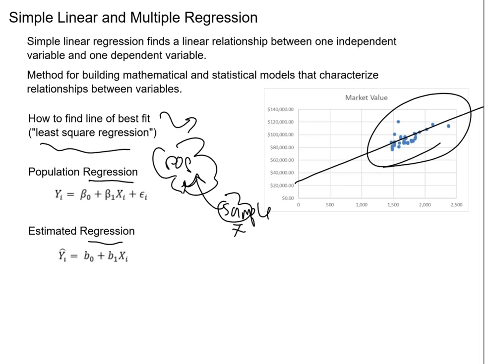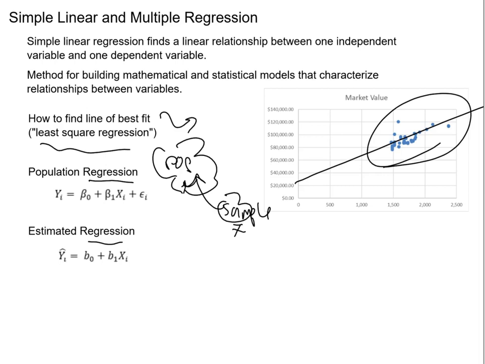And hopefully, if things are representative, that sample average is a reflection of the underlying population average, right? But oftentimes we're not going to be able to observe that true underlying population average.